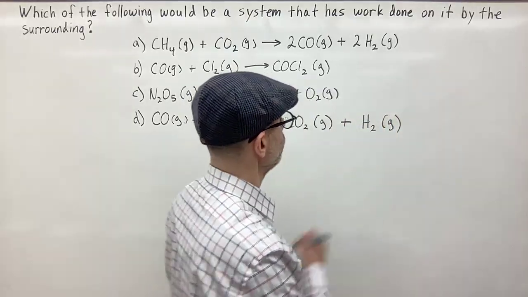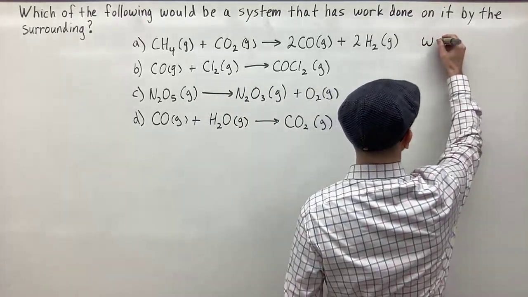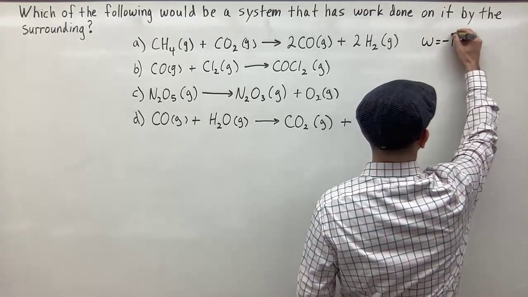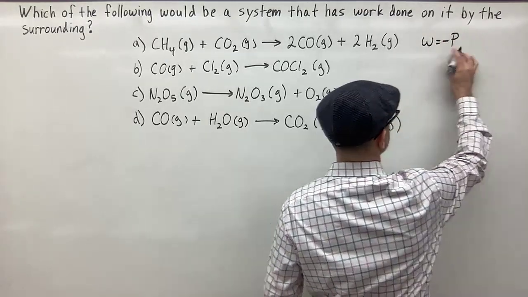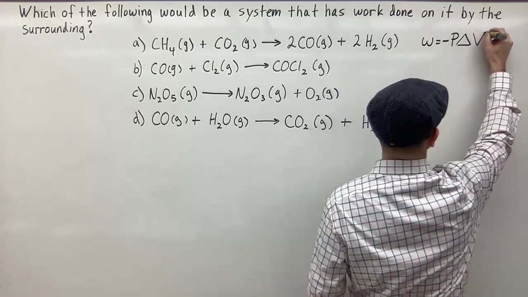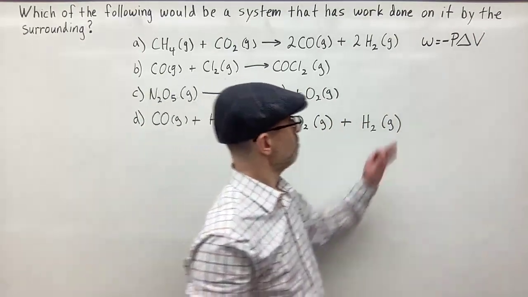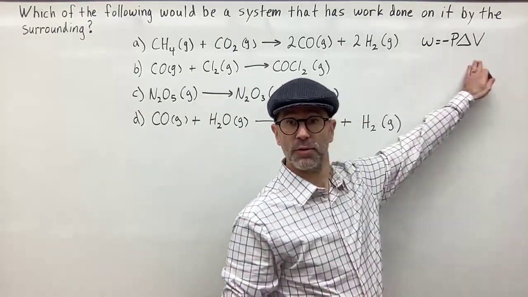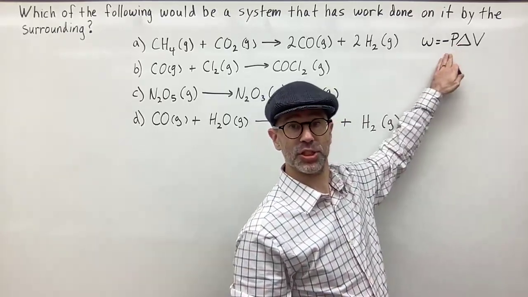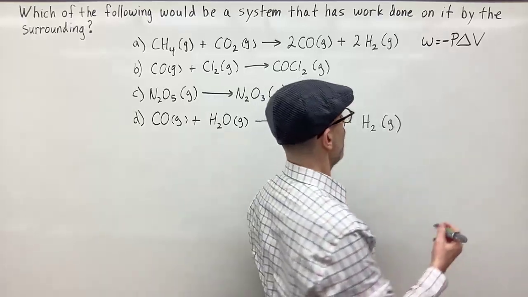We know that work is equal to the negative of the constant pressure multiplied by the change in volume. So work is calculated by the negative of the pressure multiplied by the change in volume.